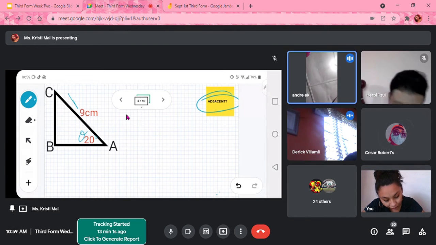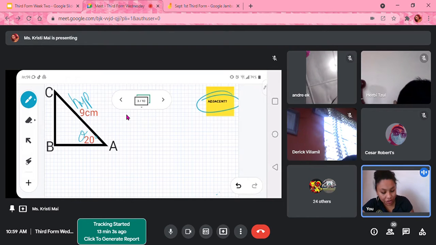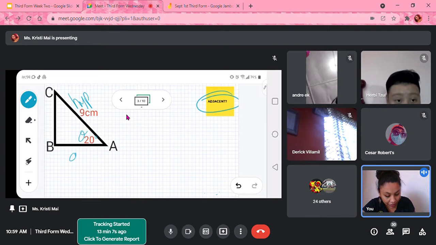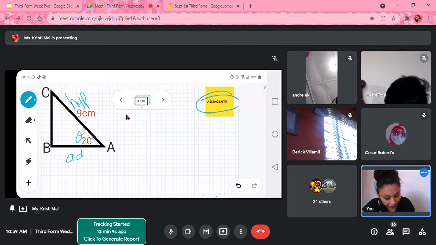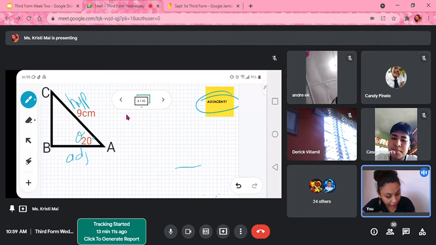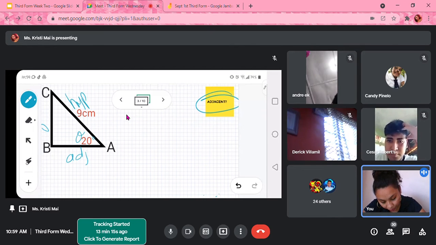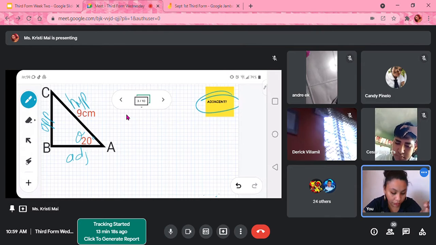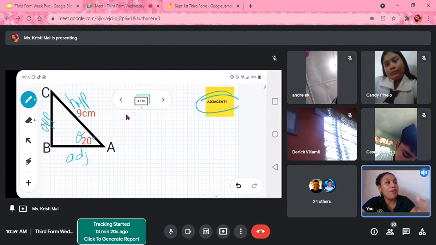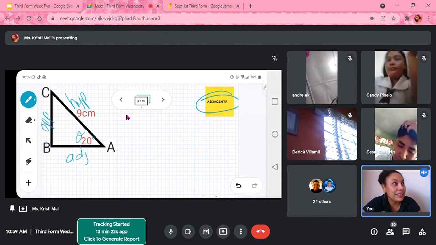Hypotenuse, very good. The side that is beside 20 degrees is what we call the adjacent, and the side that is right across is what we call the opposite.